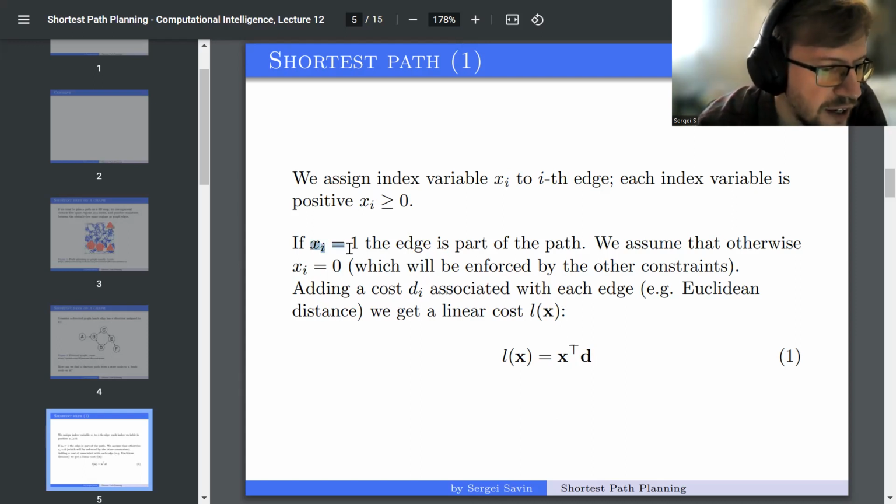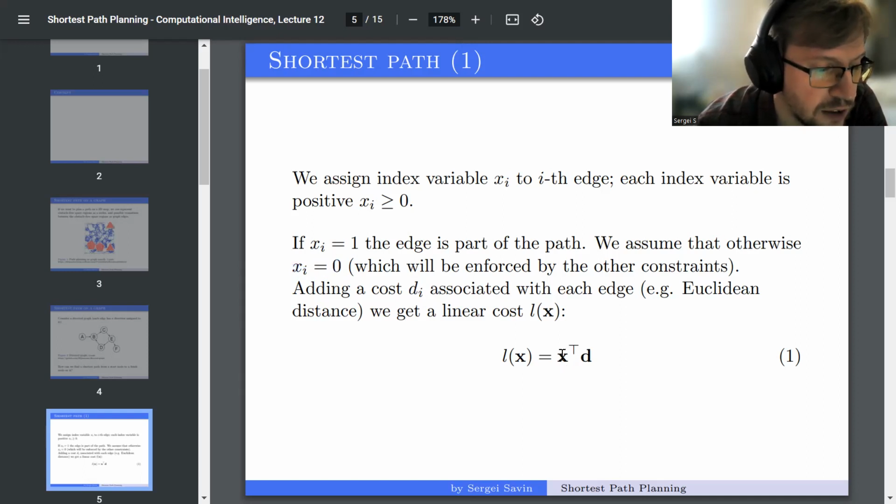x times d means x1 times d1 plus x2 times d2 plus x3 times d3, etc. Since an edge on the path gives us the value of x equal to 1, the associated cost will be added to the cost function. If the edge is not on the path, then x will be equal to 0, and 0 times the associated cost is still 0.